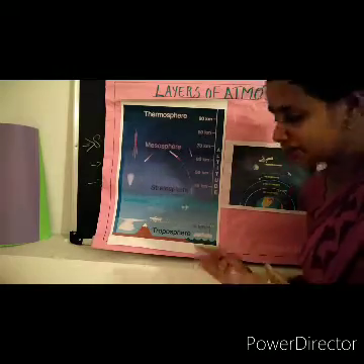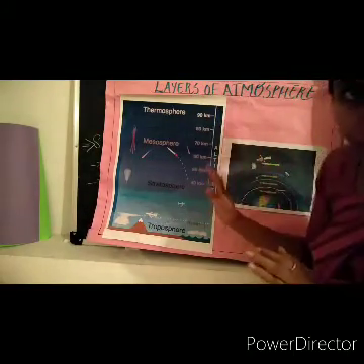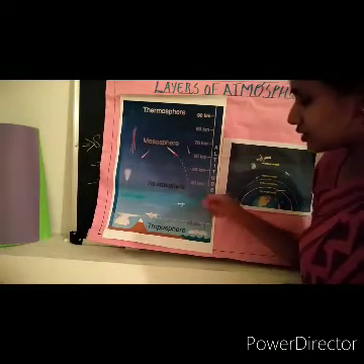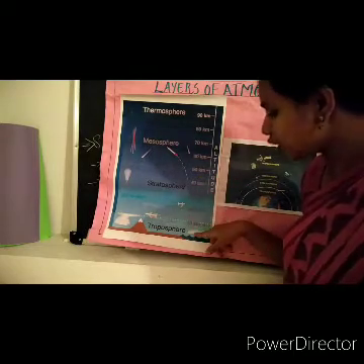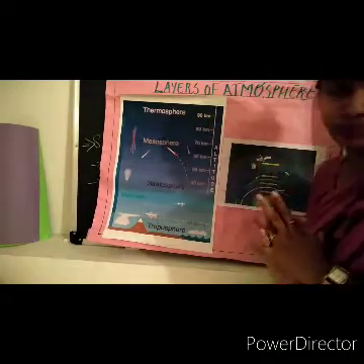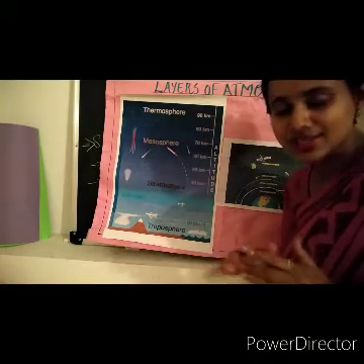As I told you earlier, till this 90 kilometers, the composition of gases in the atmosphere is uniform, and it is called homosphere. So, from 10 kilometers, from this lower portion till 90 kilometers, it is homosphere. And beyond 90 kilometers, it is called heterosphere.